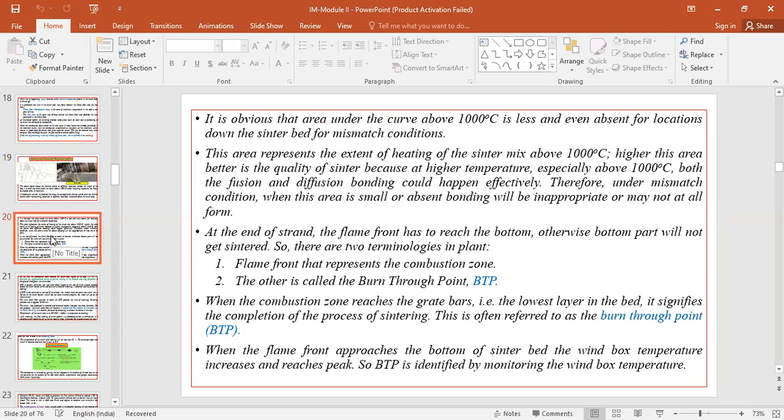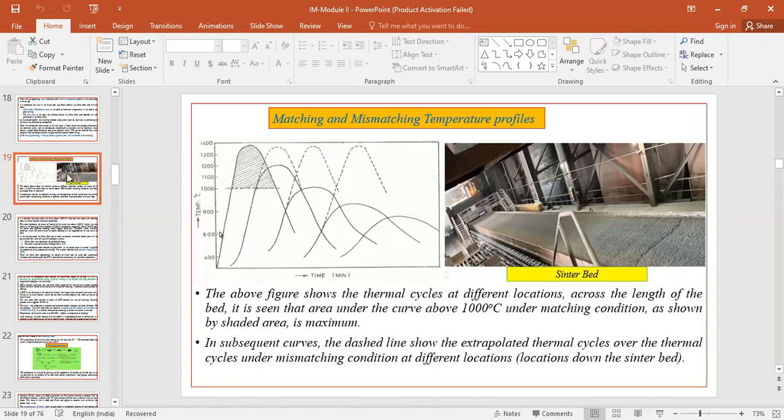You can see in that particular picture the layers where you have temperatures more than 1000 degrees centigrade.